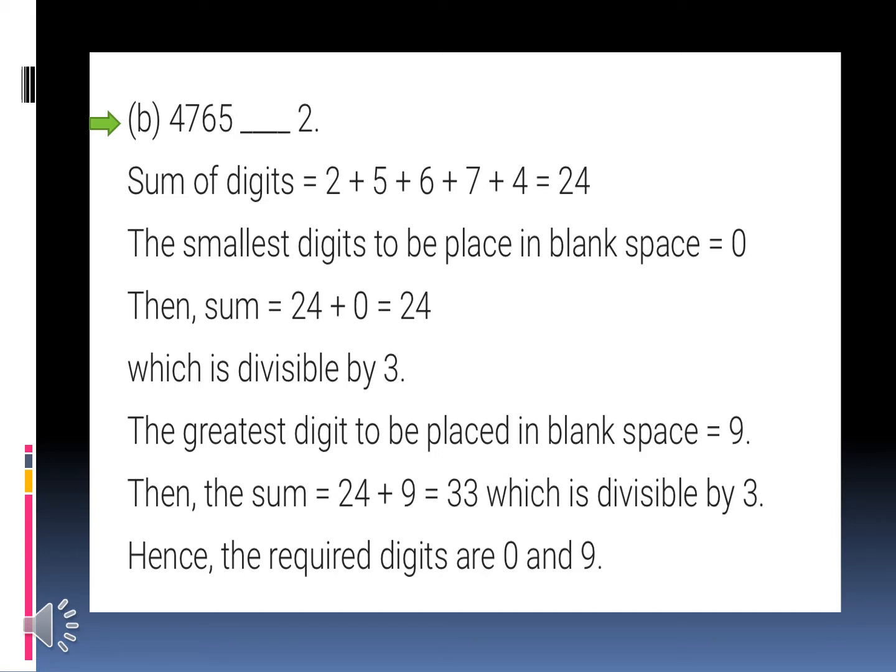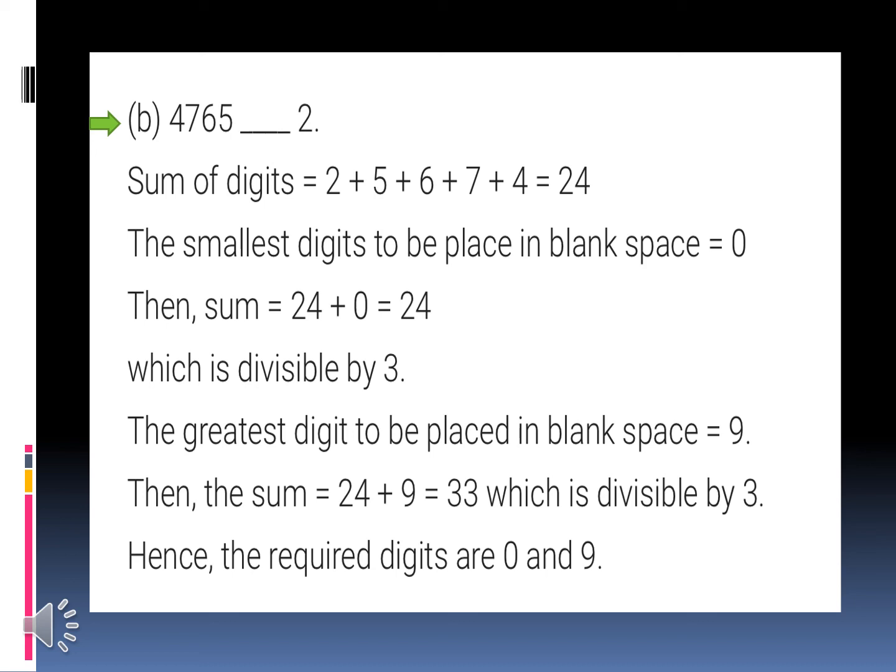B part, 4765-2. So it is a 6-digit number and one digit is missing. So we'll find out the sum of the rest of the digits and then we will think of the digit that is missing, right? So the sum of digits 2 plus 5 plus 6 plus 7 plus 4 is 24, and 24 is divisible by 3.